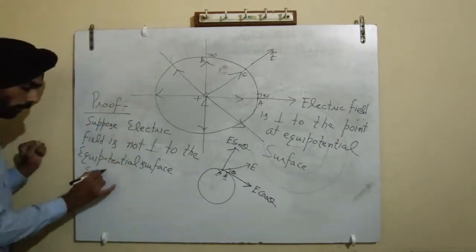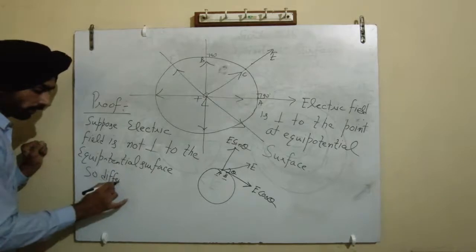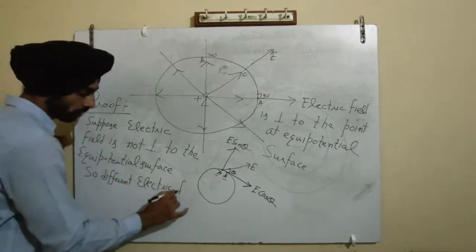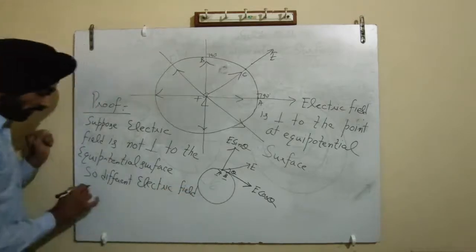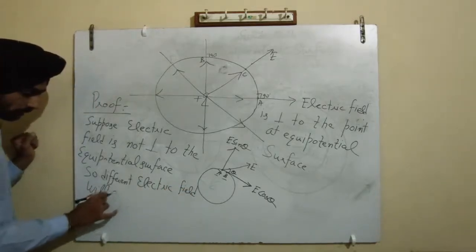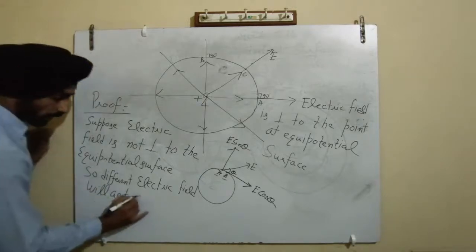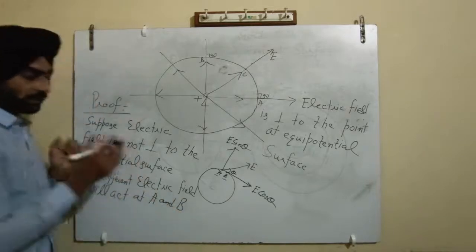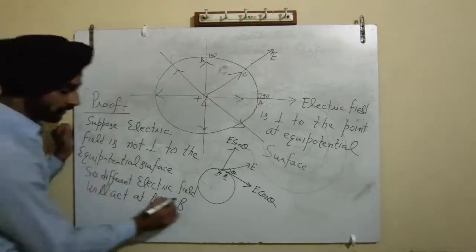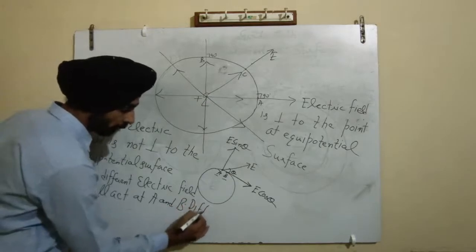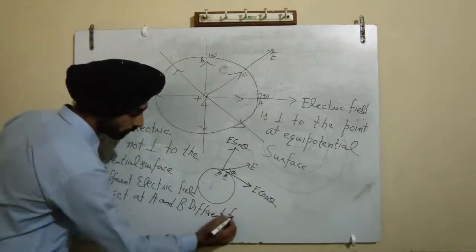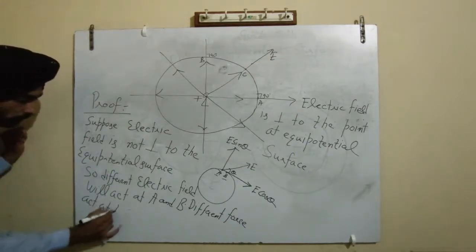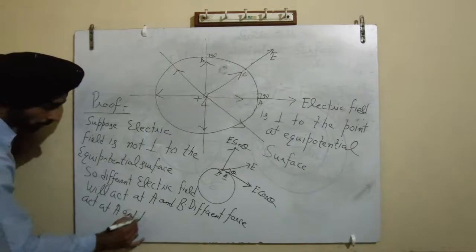So a different electric field will act at A and B. If the electric field is different, the force will be different. Different force acts at A and B.